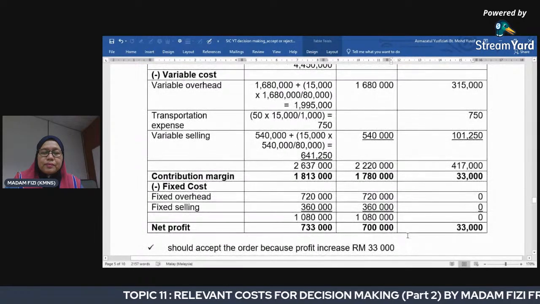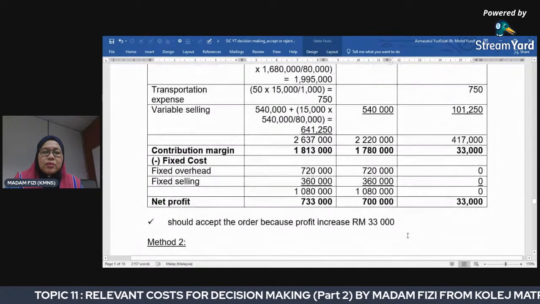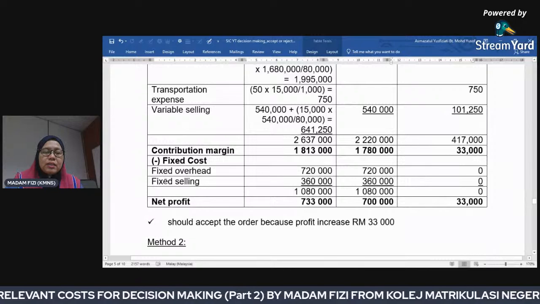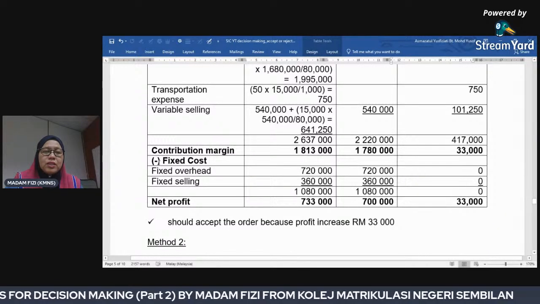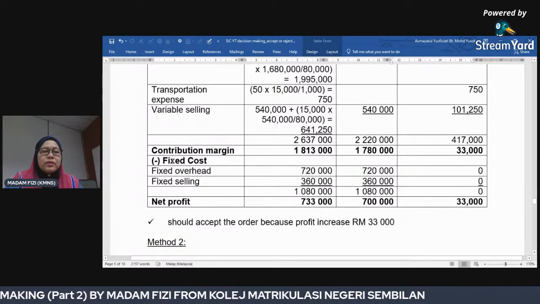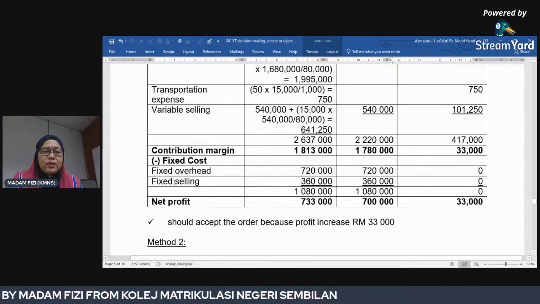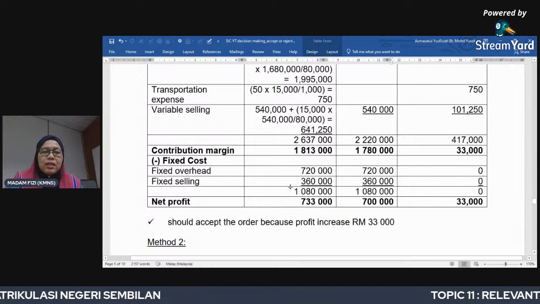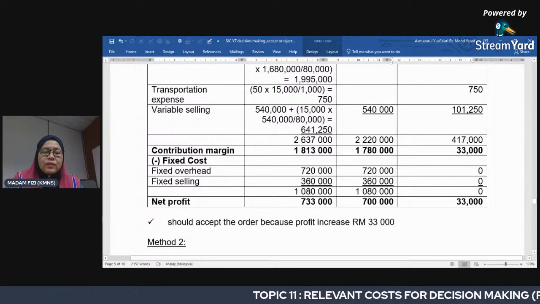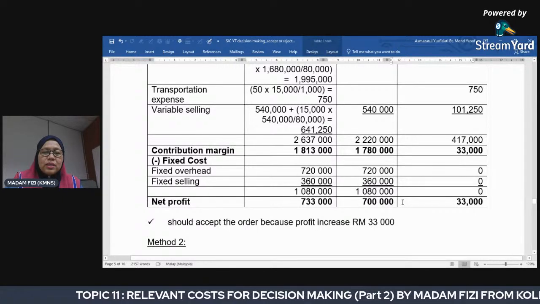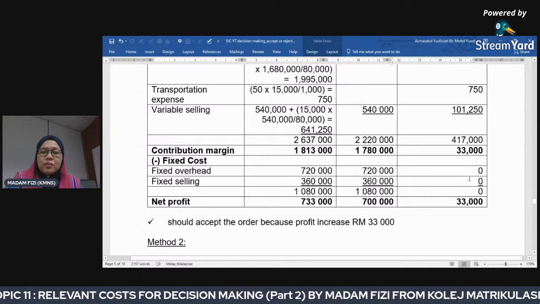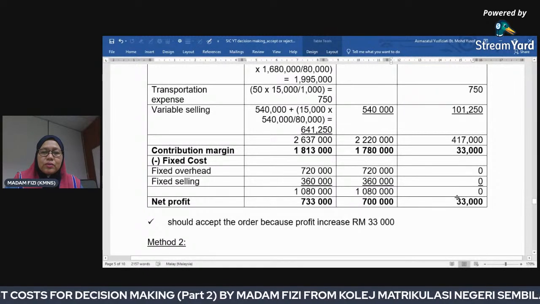Here I also show the fixed cost. The fixed cost is the fixed overhead and fixed selling. The total of the fixed cost is 1,080,000. Same goes if we reject. The fixed cost is unavoidable cost. That's why the difference is 0.